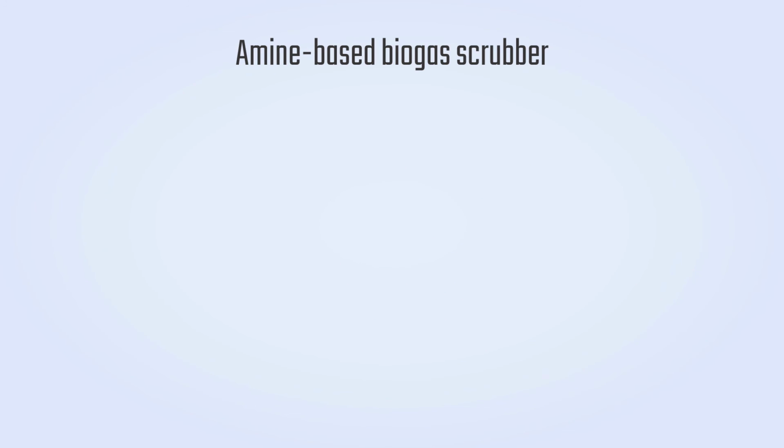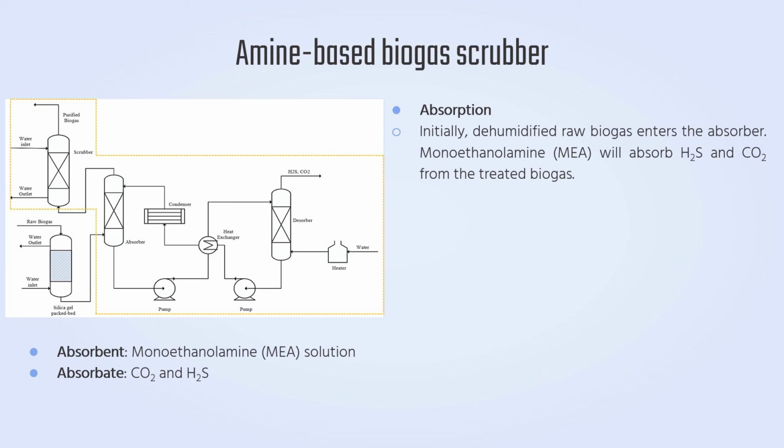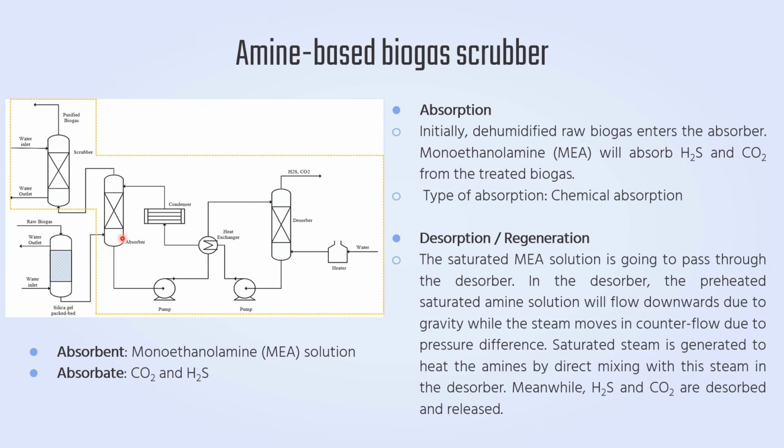The second separation unit is the amine-based biogas scrubber. After the water vapor is removed from the biogas, the treated biogas enters the adsorber, and the MEA solution will absorb the hydrogen sulfide and the carbon dioxide from the biogas. The saturated MEA solution is going to pass through the desorber.